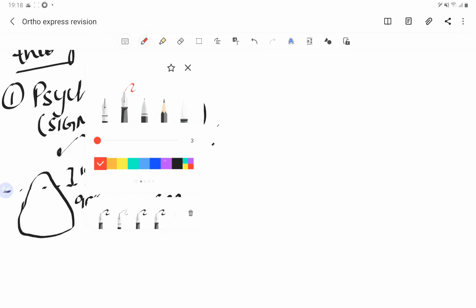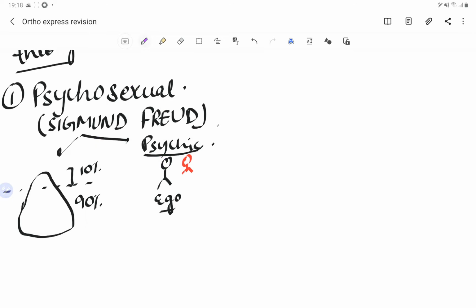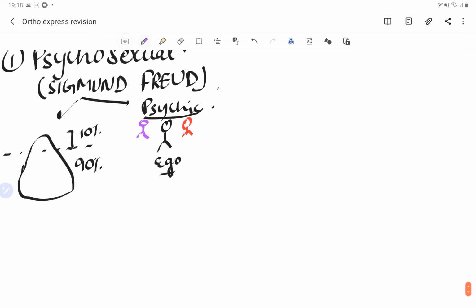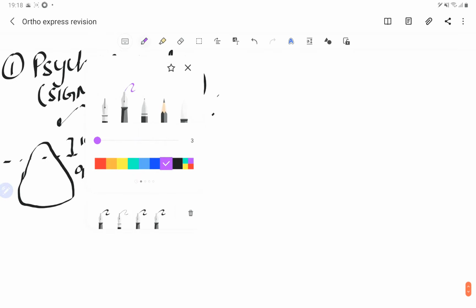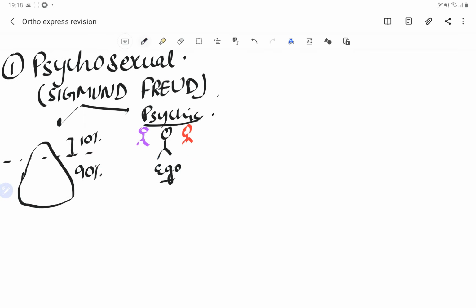Then we have the superego, which is the good guy, based on morality principles and values, what is wrong and what is right. So this is the psychic model, or the psychic triad.